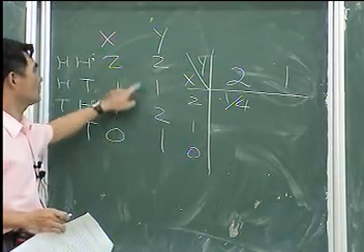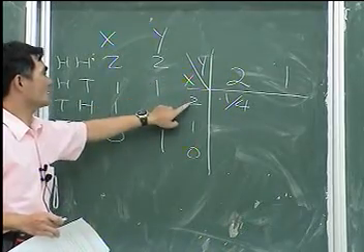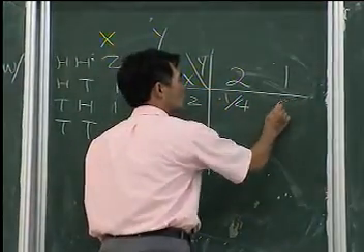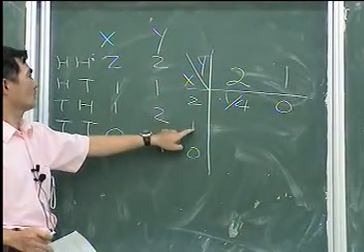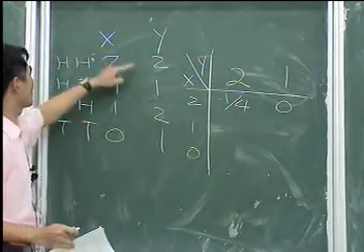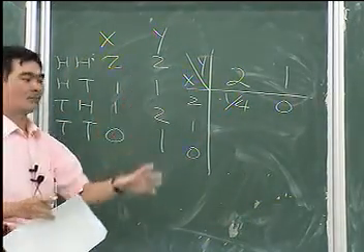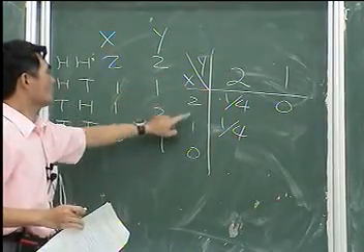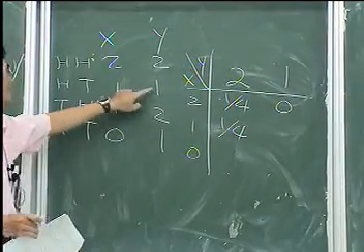Is there anything here? No, right? There's nothing with X equal to 2 and Y equal to 1, so it should be 0. And now we have X equal to 1 and Y equal to 2. You have only one outcome, right? So 1/4. X equal to 1 and Y equal to 1.